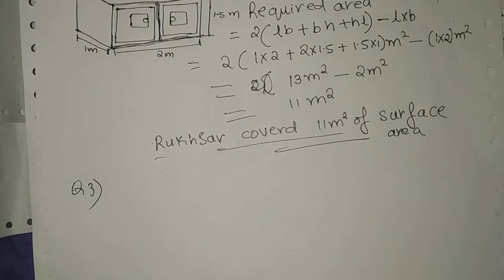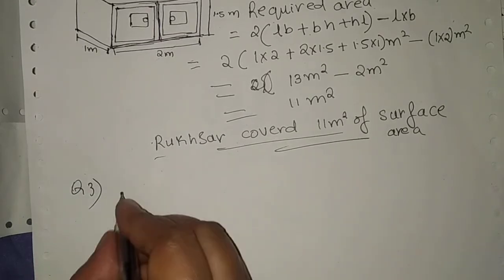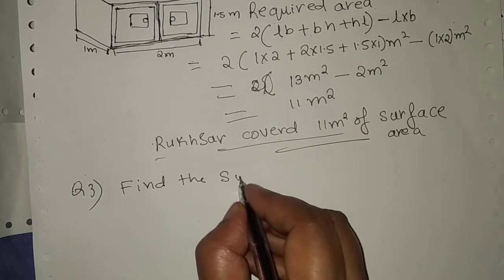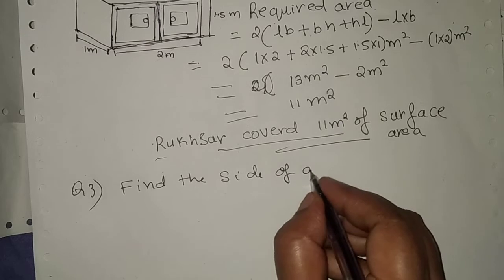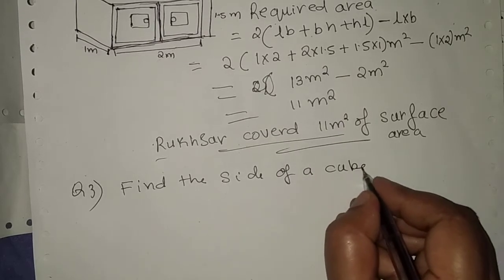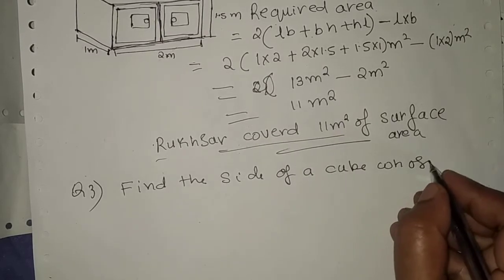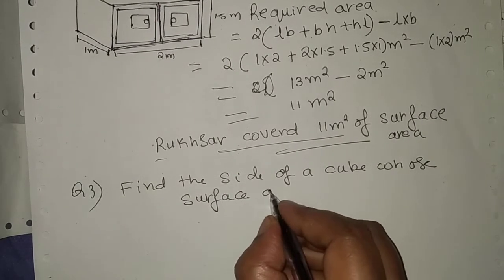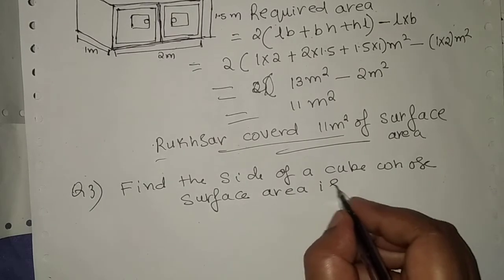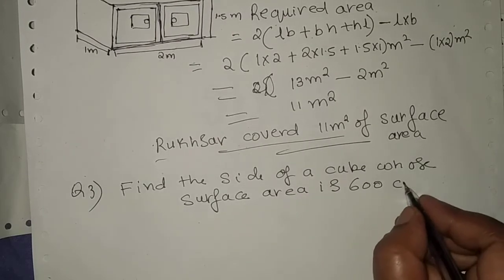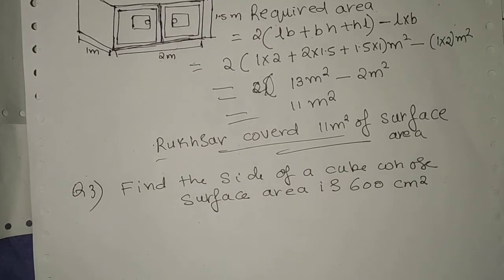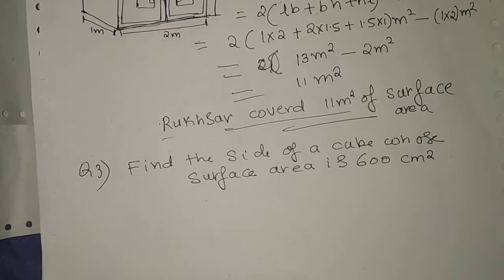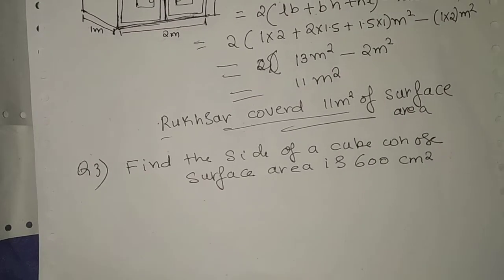Third question, I'll write the question here. Find the side of the cube whose surface area is 600 centimeters square. This is the third one. So the surface area of the cube is given. So what is the solution here?